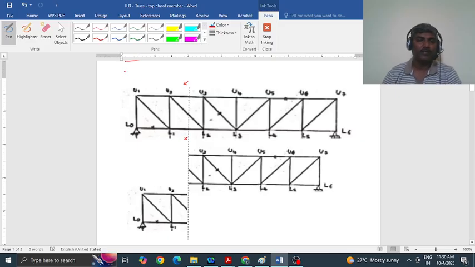Once you have taken a section, now by the definition of ILD, when one unit load travels across the truss, let me draw one unit load here.